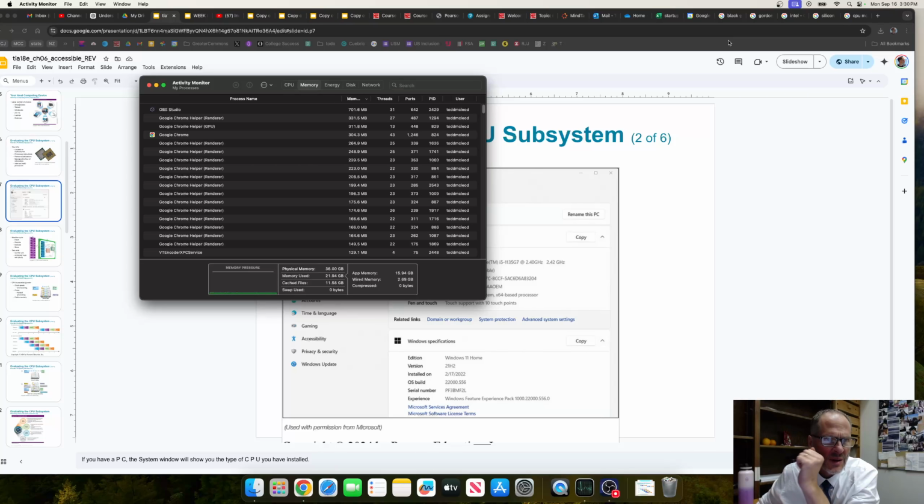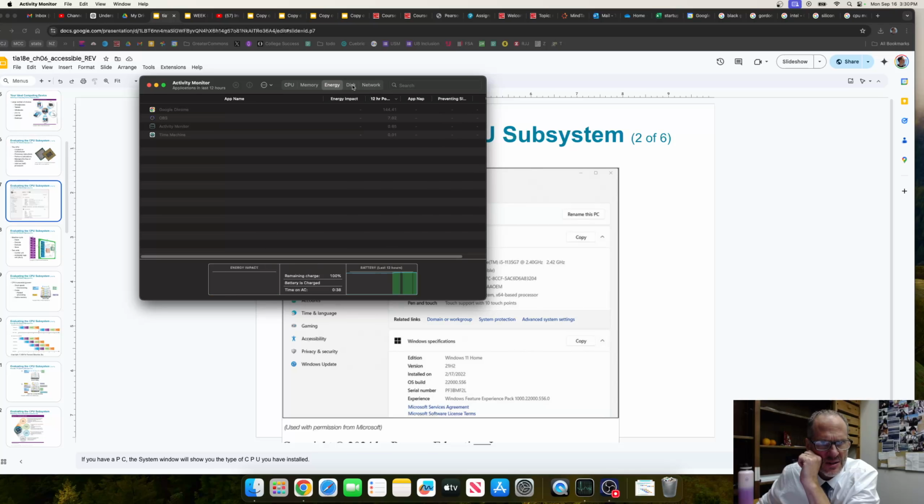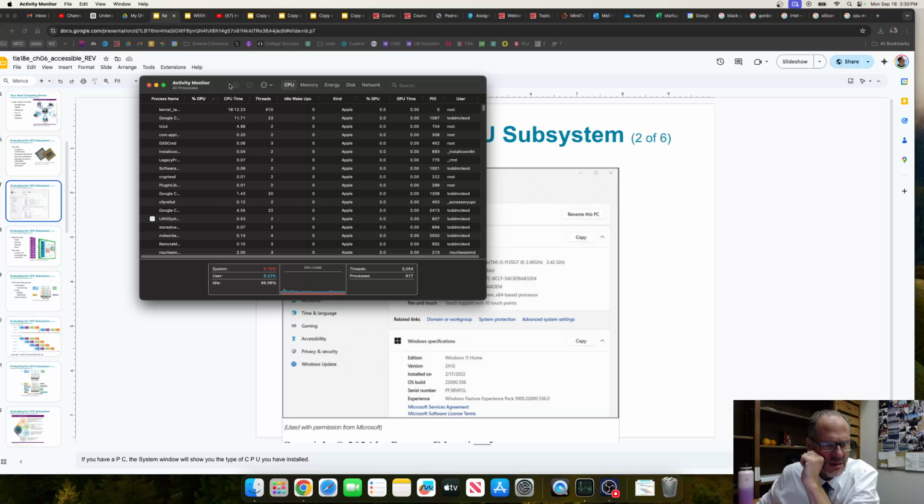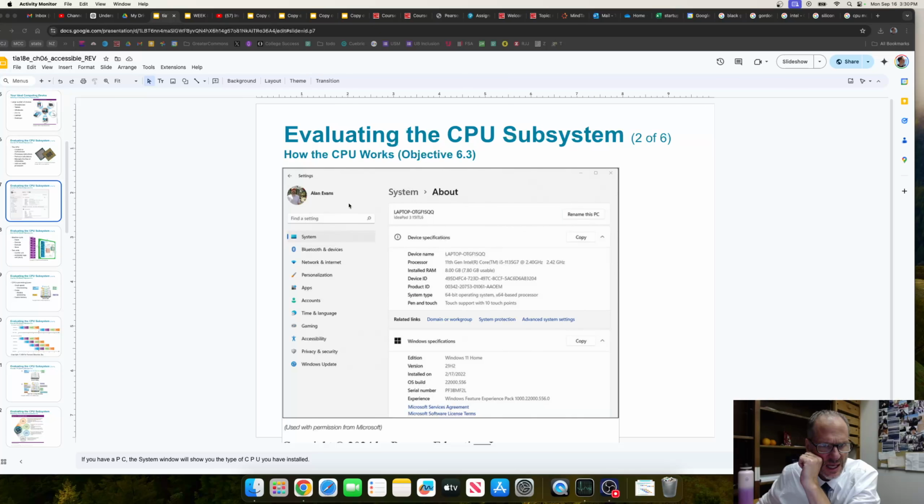I'd rather have more memory so I could do more stuff. Likewise, you could look at energy use, disk use, and network use. You can see all these different things here on the Mac in the Activity Monitor. On Windows, you would check that out by looking at About Your System.